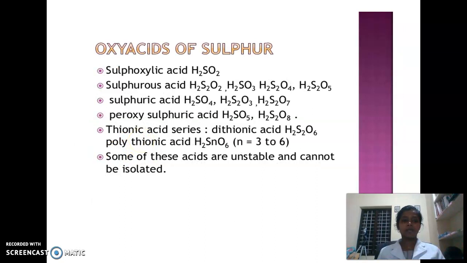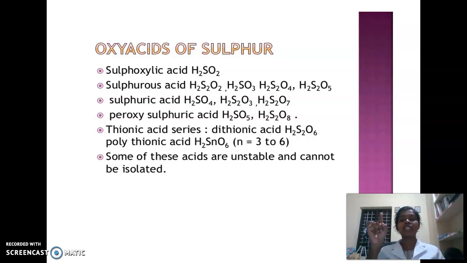Like nitrogen and phosphorus, sulfur has also got different oxyacids. Sulfoxylic acid, H2SO2 is the chemical formula. Sulfurous acid, H2SO3. Sulfuric acid, H2SO4. Peroxysulfuric acid, H2SO5 and H2S2O8.